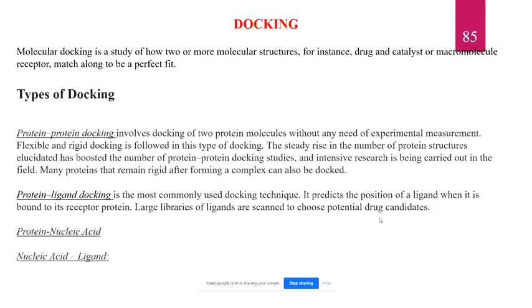Shape complementarity. The protein is a duplex. I know that the protein can bind only when there is a shape complementarity.